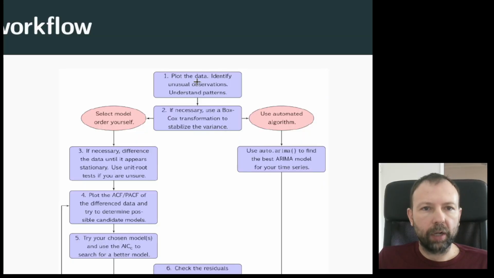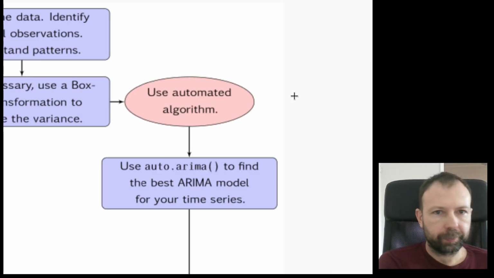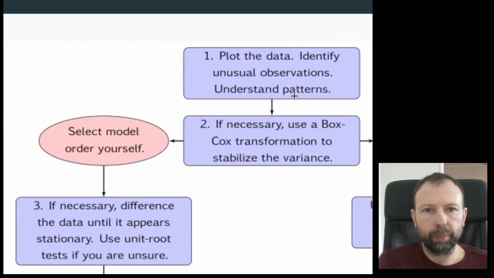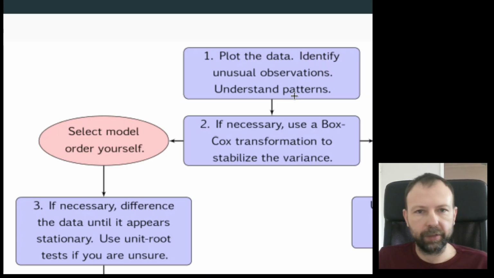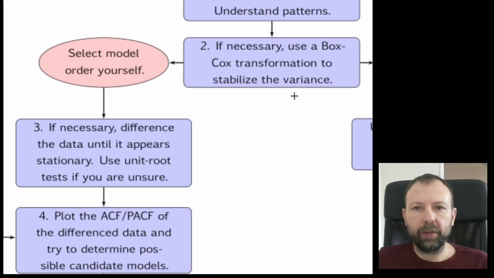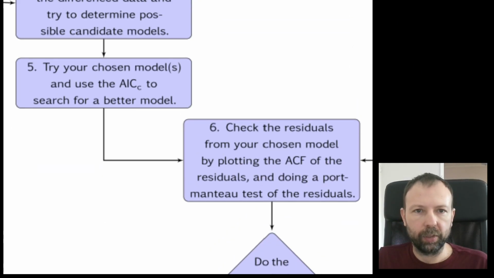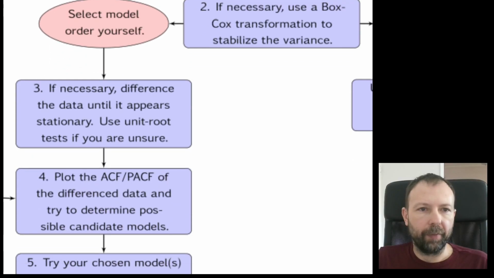The way it would look like, you plot your data, identify unusual observations, and understand the patterns. If necessary, you use a Box-Cox transformation to stabilize the variance. And then you can use an automated algorithm, where you just fit the whole thing and you're pretty much done. Or you can do the manual way.